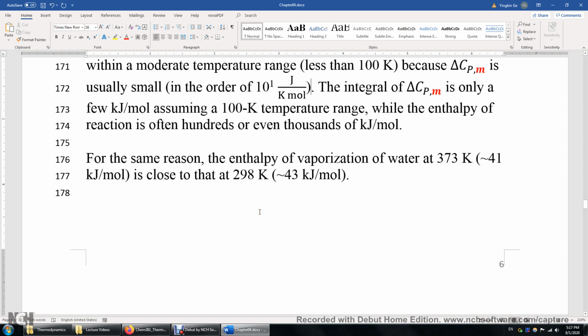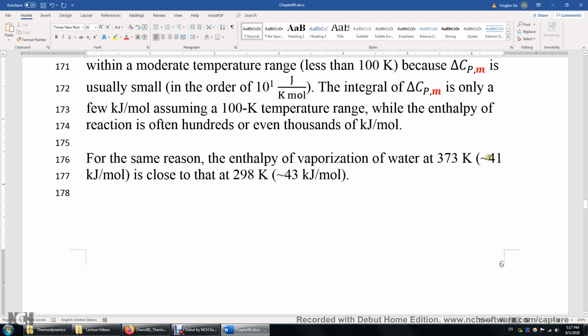If we look at water, the vaporization of water, it's going from liquid water to gas water. The liquid water and gaseous water have different CPM. However, the difference is not that significant. And that's why the enthalpy of vaporization of water at 100 degrees Celsius is very close to that at the room temperature.